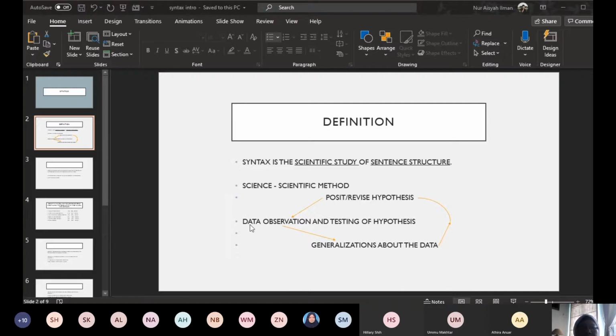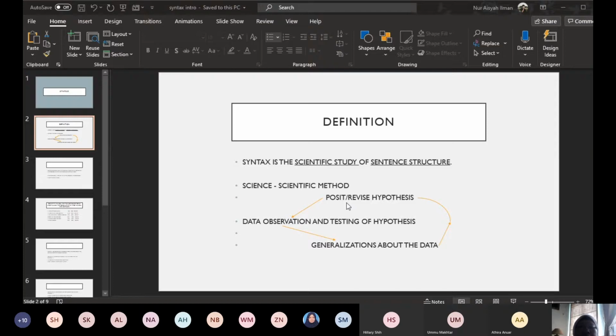So then we look at the data. We observe the data, so we do data observation, and based on our observation of the data, we then test our hypothesis just now. So we do testing of the hypothesis based on the data observation.